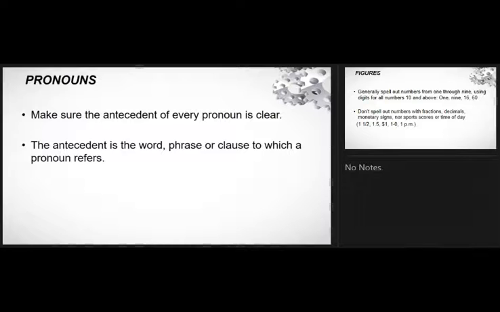Pronouns, make sure the antecedent of every pronoun is clear. Antecedent is the word that a pronoun refers to. For example, I say American President Trump gave a chocolate to former President Obama, and then he gave a car to him. So who is the he and him you are referring to? Is it Obama or Trump? You have to tell it clearly to your reader.